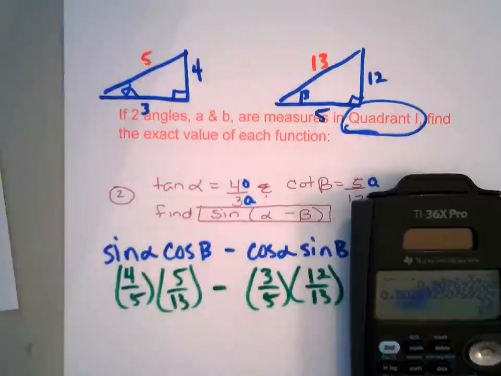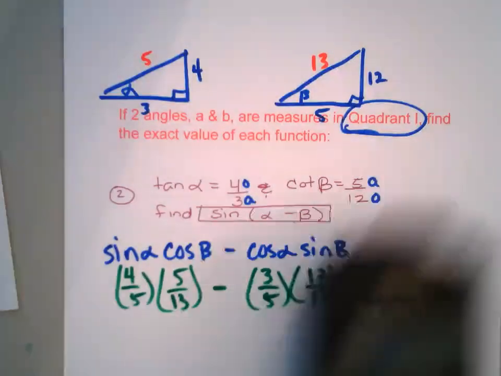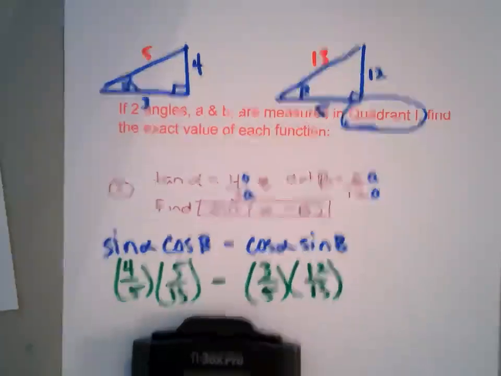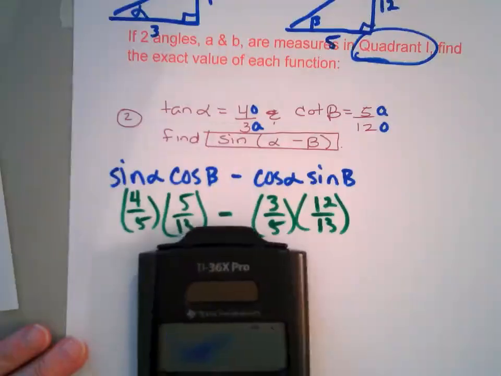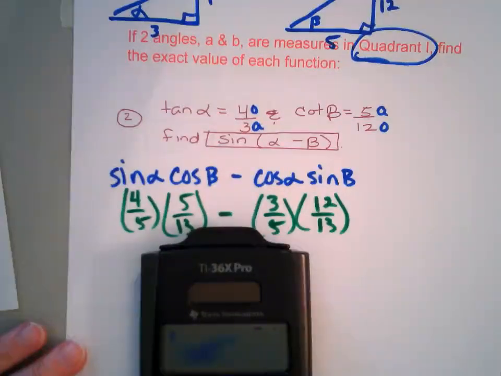Calculator time. Plug and chug. You don't have to do the fancy fraction button. Just do the division sign. It's a little bit faster. Make it a fraction. What is that?